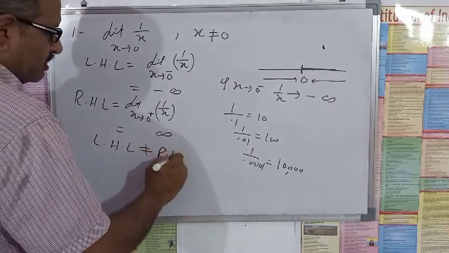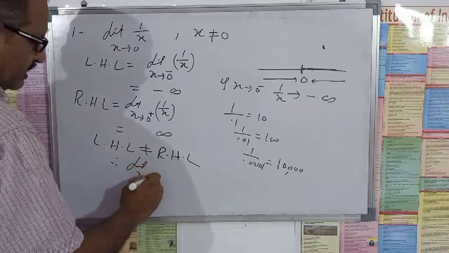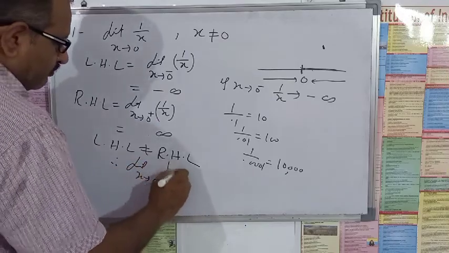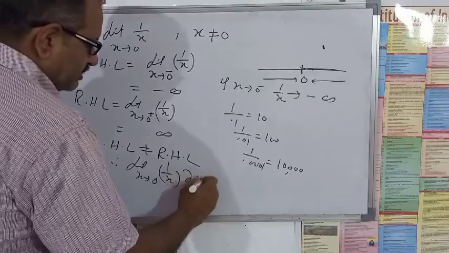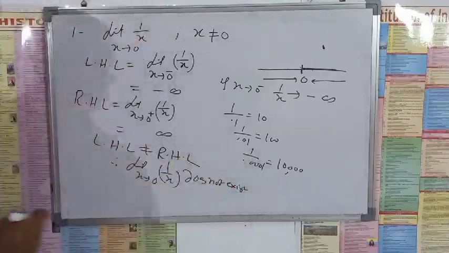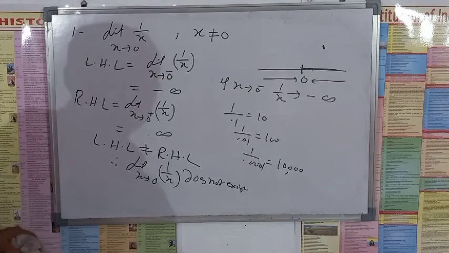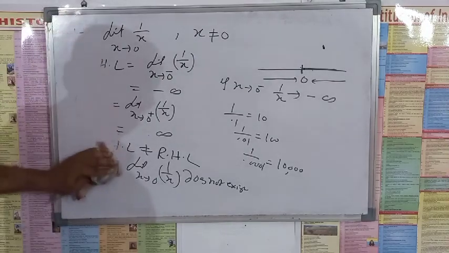Therefore, limit x tends to 0 of 1 by x does not exist. See the next one.